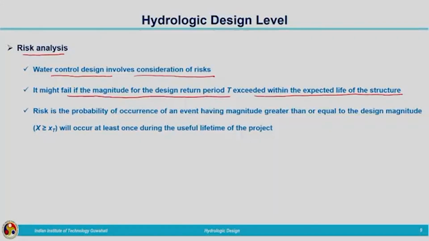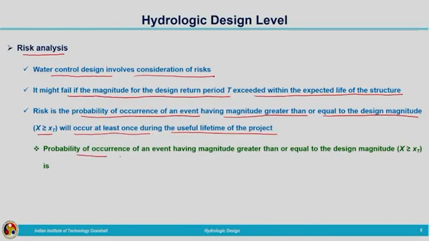That is the thing which we associate with the risk. So, if we define risk, risk is the probability of occurrence of an event having magnitude greater than or equal to the design magnitude, that is capital X greater than or equal to x of T, at least once during the useful lifetime of the project. For any water control structure, when we are designing, there is a certain risk associated with it, defined as the probability of occurrence of an event having a certain maximum magnitude equaled or exceeded at least once during the lifespan of that particular structure.